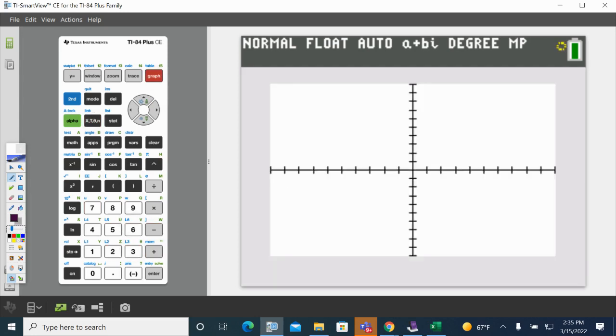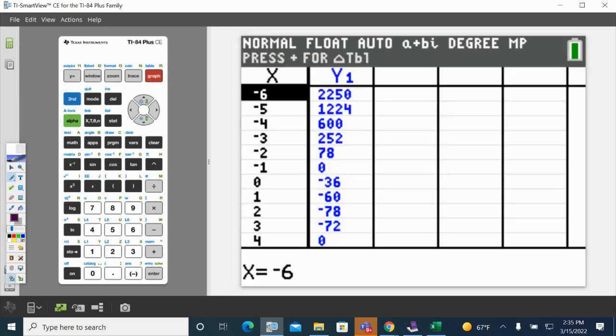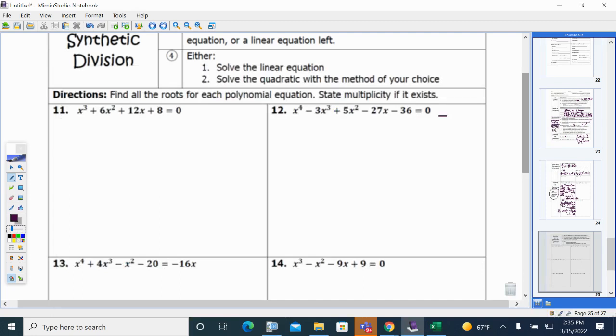And I'm going to graph it. And it looks like I've got 2 real solutions, -1 and +4 are my real solutions. And sure enough, -1 and +4 are 2 of my 4 solutions.